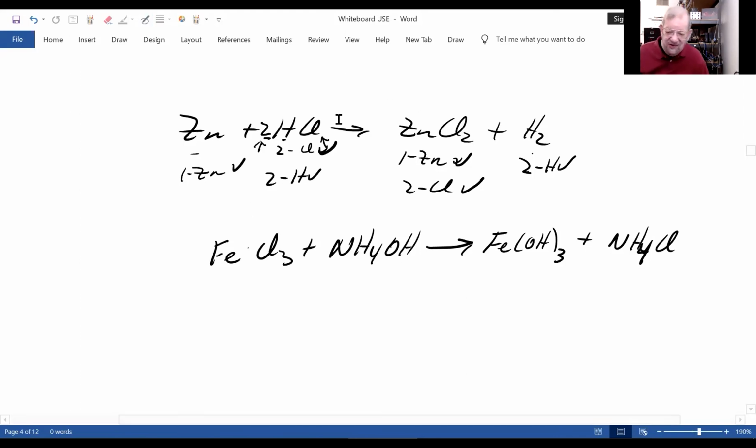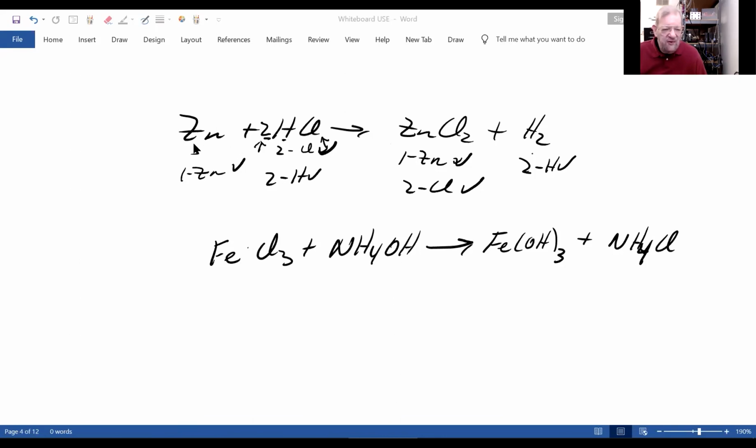And before I continue on, I see there's a question. All right, if we look at this right here, the question was, why not 2 zinc? Because this side had 1 zinc, this side had 1 zinc without changing the coefficient, so I don't have to do that.